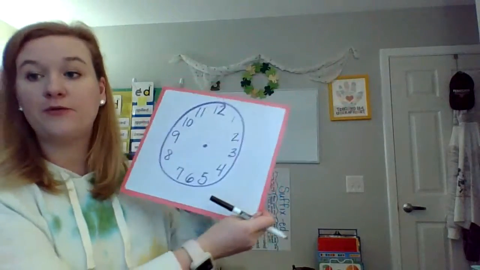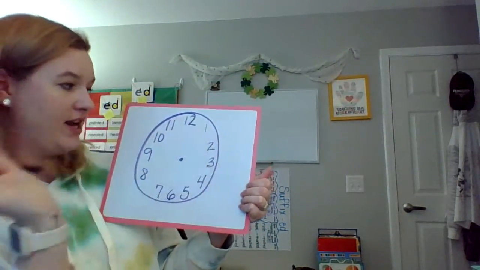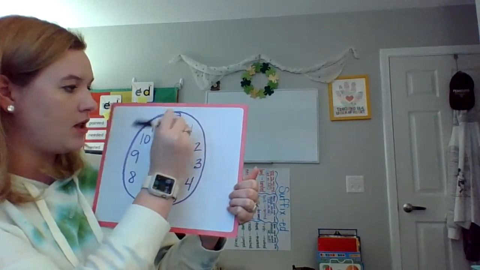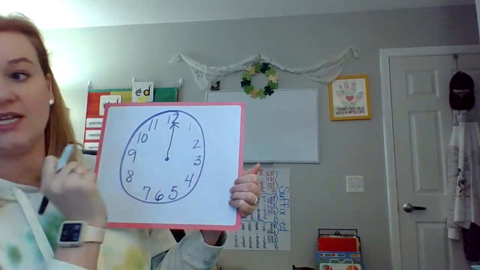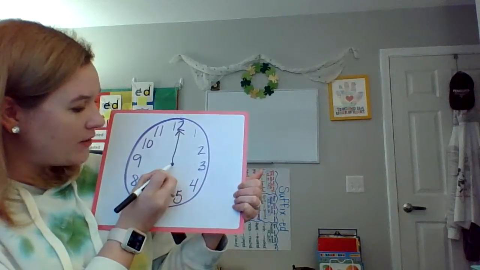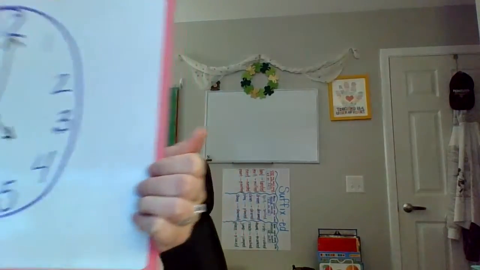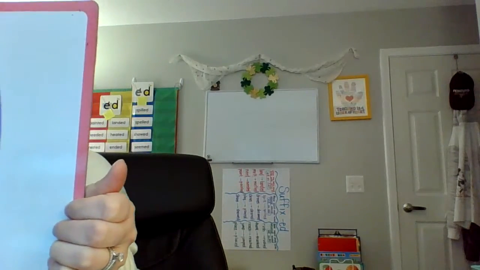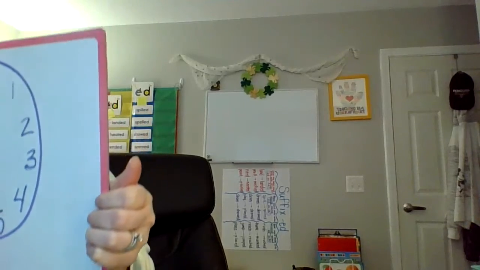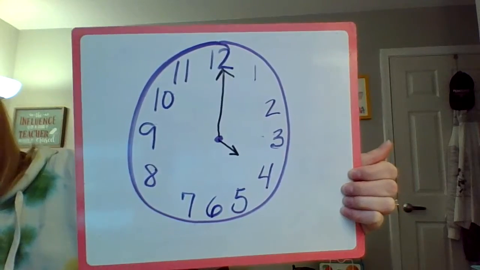So if the time was 4 o'clock, I know if it's o'clock and it has the O, I'm going to draw the 00, I'm going to draw a big long minute hand pointing directly to the 12. Then my hour hand, which is going to be shorter, is going to point to the 4. I made my hour hand nice and short so you can tell this one is my hour hand and this one up here is my minute hand.